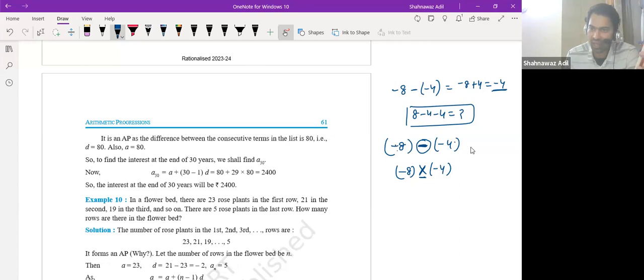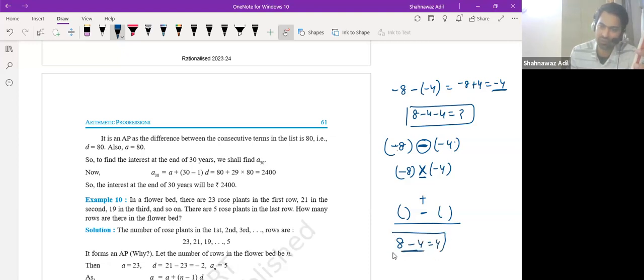If we have an equality sign, then we can take common and do that. But always remember, whenever you have a positive or negative sign between the terms, you can't simplify them together. You have to simplify separately. So you can't take minus out and you cannot write 8 minus 4, which is 4.